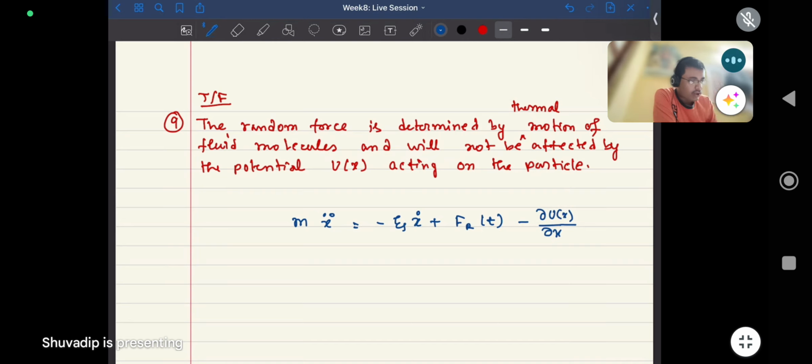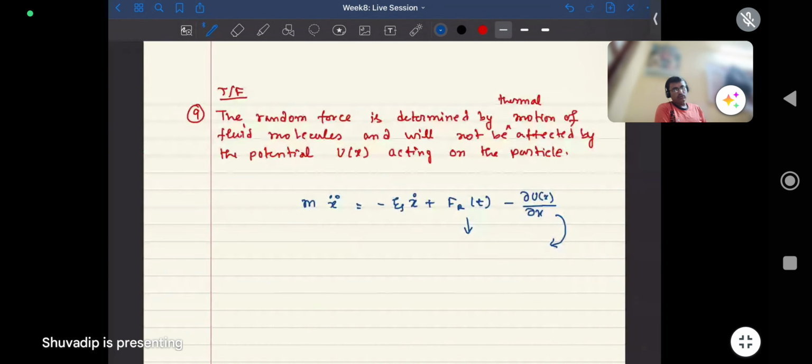Now if we think about this, f(t) is the random force due to thermal motion of the fluid particles, and this is the force acting on the particle due to the external potential. So suppose U(x) can be an electric field or something like that. If I place the whole chamber inside some electric field, there will be a force due to the electric field on the particles if these are charged particles.